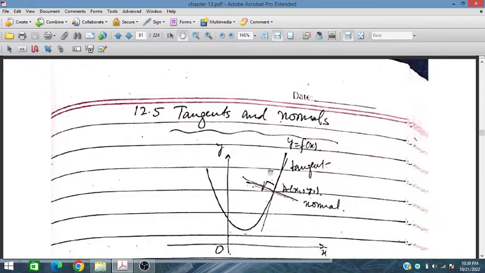In exercise 12.5 of Additional Mathematics for IGCSE and O Level Mathematics, we will discuss the equation of this tangent and this normal to this curve.